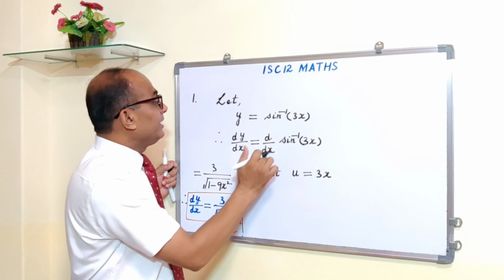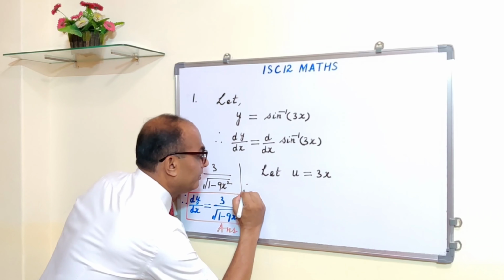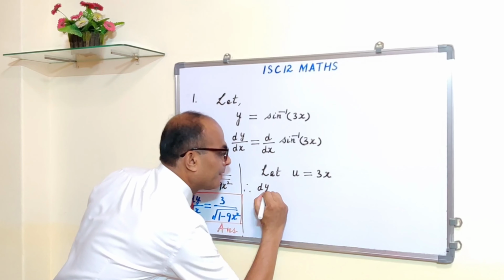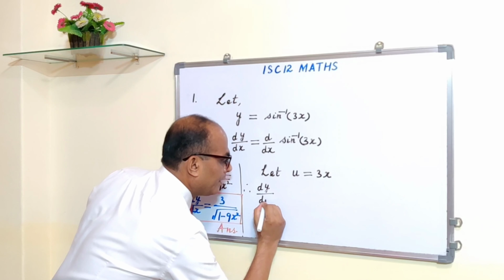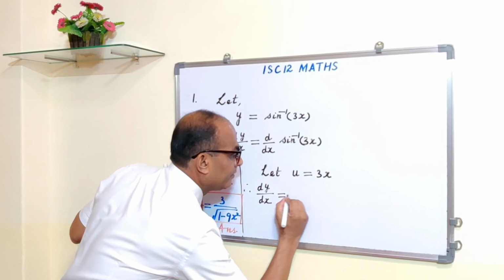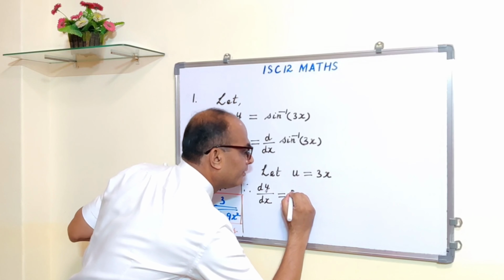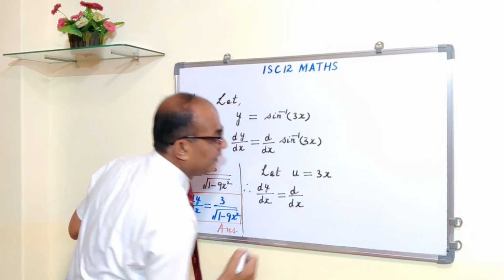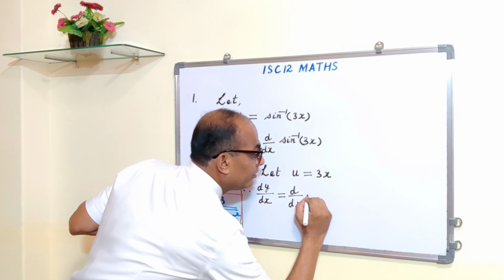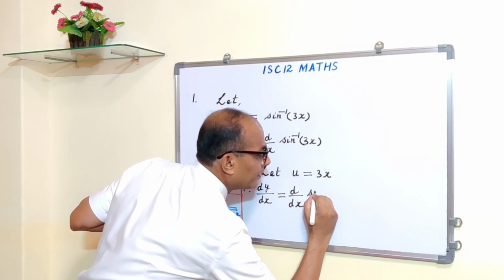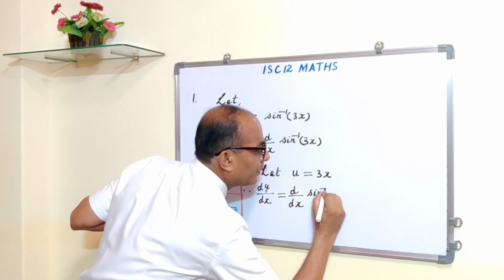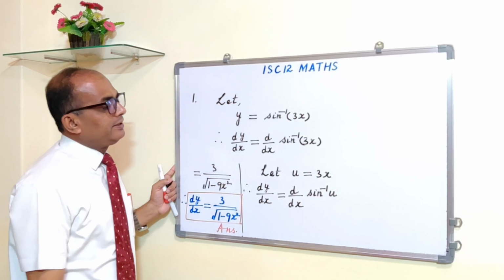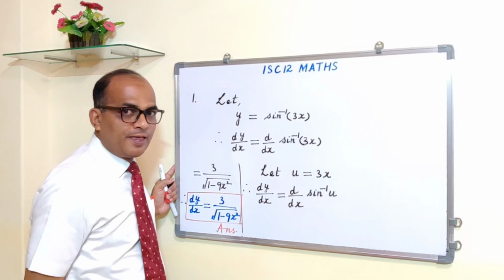So then this will become how much? Therefore dy upon dx is equal to d dx of sine inverse u. Alright, 3x we are taking as u.